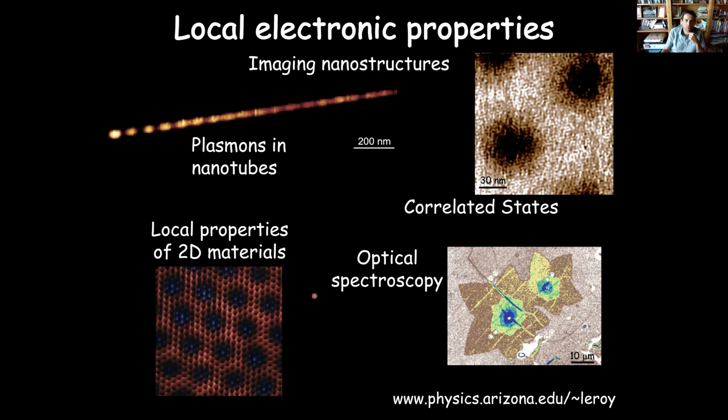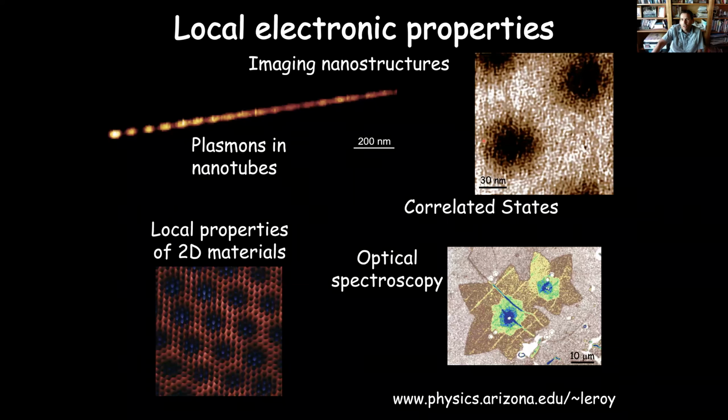My group is focused on a range of different low-dimensional materials, trying to understand their electronic properties through imaging measurements. This is things like looking at carbon nanotubes here at the top with near-field scanning optical microscopes, looking at plasmons, so excitations in the nanotubes, looking at correlated states.